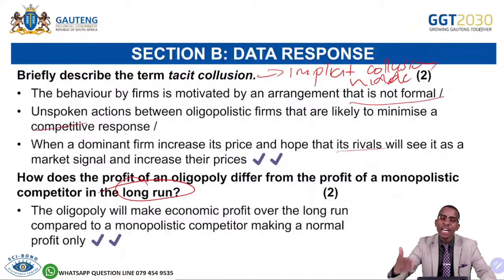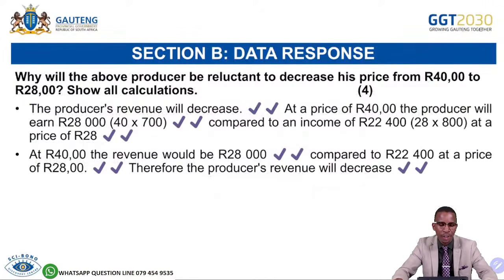So oligopolies enjoy economic profit in the long run, while in the short run they enjoy normal profit. Why? Because through collusion they exploit consumers and charge excessively high prices. So the oligopoly will make economic profit over the long run, compared to the monopolistic competitor making a normal profit only in the long run because of the high level of competition.